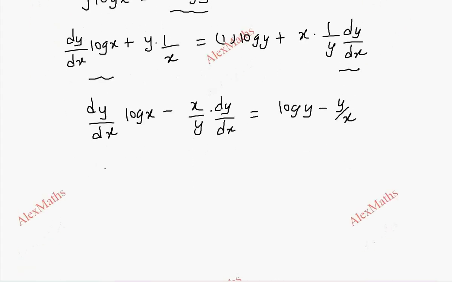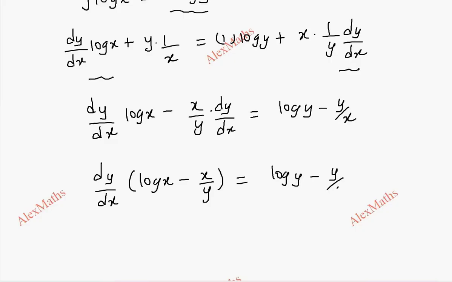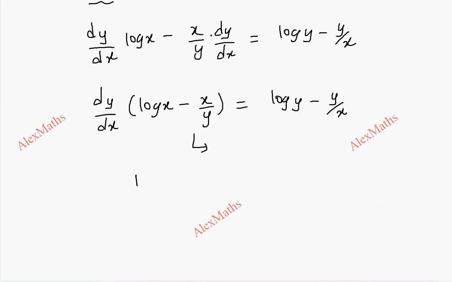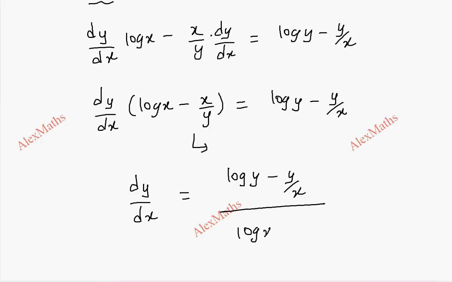Now we are going to take dy by dx common, so which is log x minus x by y, and this will be log y minus y by x. So this entire term will go to the denominator of the other side. So we get dy by dx equal to log y minus y by x, then whole division log x minus x by y.